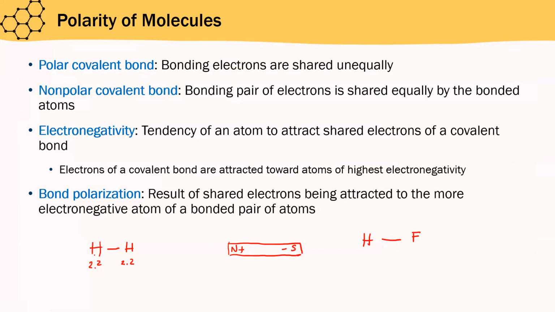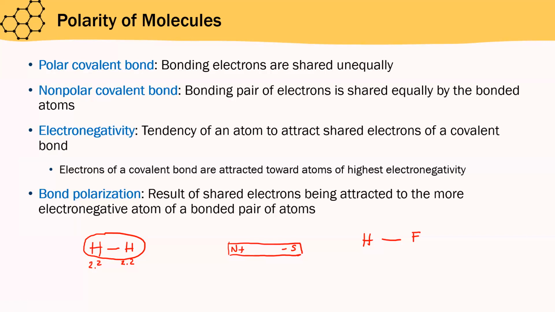That means they have an equal tendency of pulling electrons. They are both 2.2, so if you have an electron, they are just equally tugged toward the opposite ends. If there's a balanced force, it will just be spherical, because everything's equal in all directions.